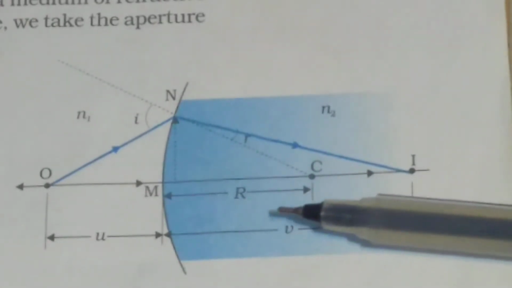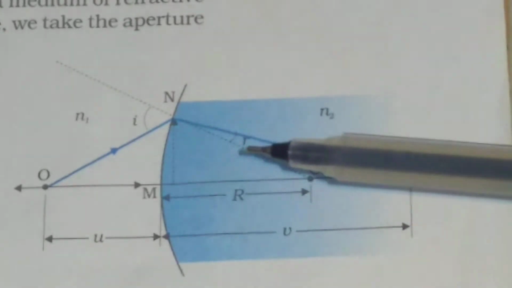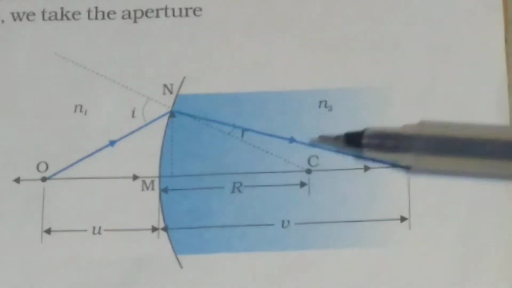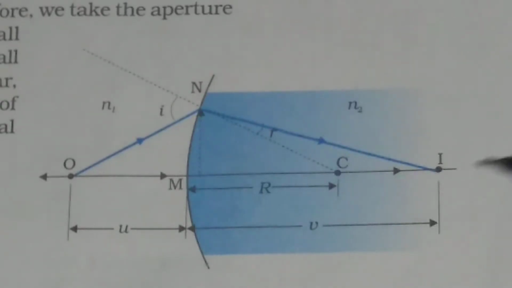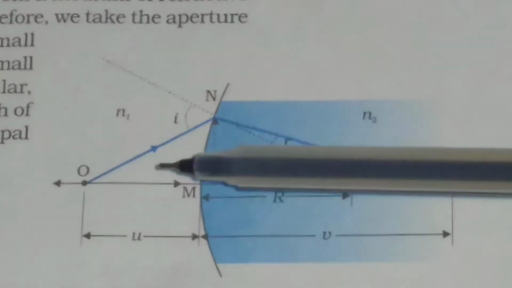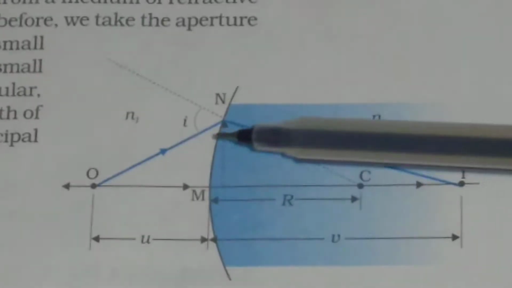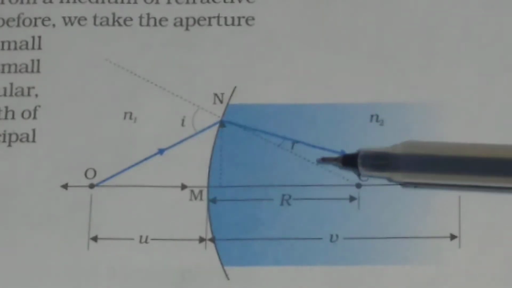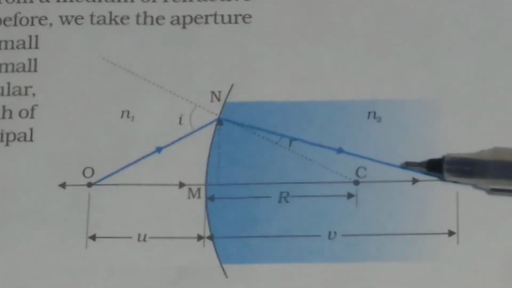Here Cn is the normal. You see, Cn is the normal. On is the incident ray. Here On is the incident ray and Cn is the normal and Ni is the refracted ray.